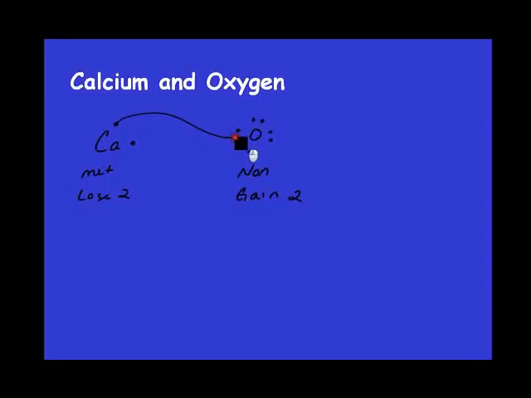So calcium gives up 1 of its valence electrons to oxygen, and then gives up its second valence electron to oxygen. This means that calcium will have a charge of positive 2, while oxygen will have a charge of negative 2. So our compound would be CaO.